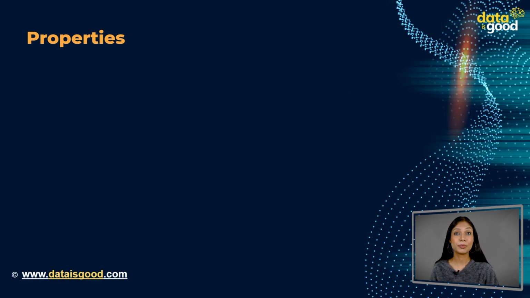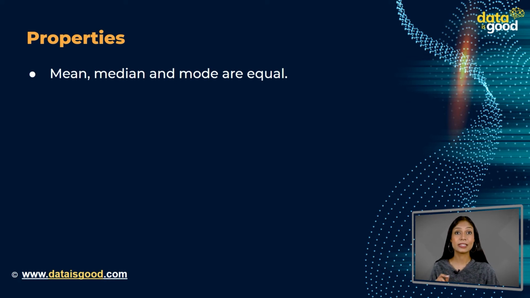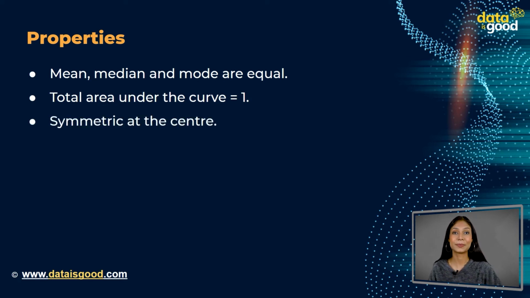Now we will look at the properties of the normal distribution. In a normal distribution, the mean, median and mode are equal. That is, mean is equal to median is equal to mode. Total area under the curve should be equal to 1. Normally distributed curve should be symmetric at the center.